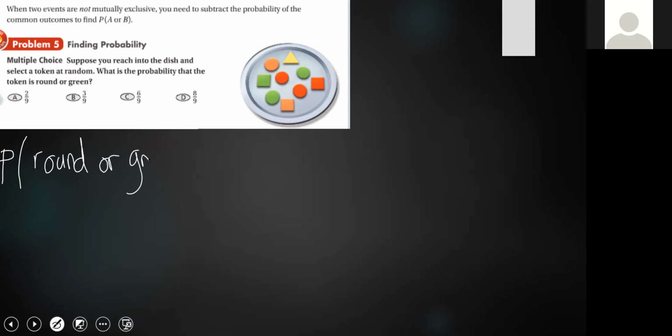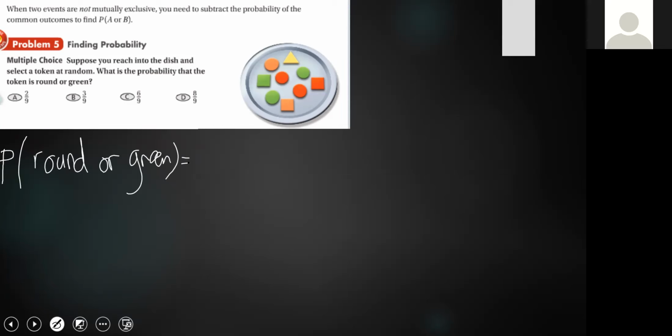Suppose you reach into the dish and select a token at random. What is the probability of the token being round or green? Teacher, from the question, how can you know whether to use mutually exclusive events?